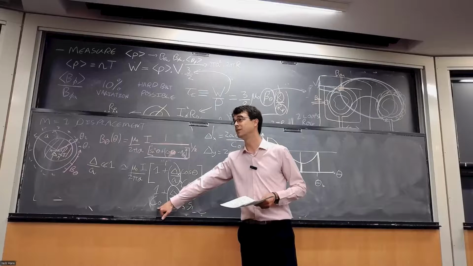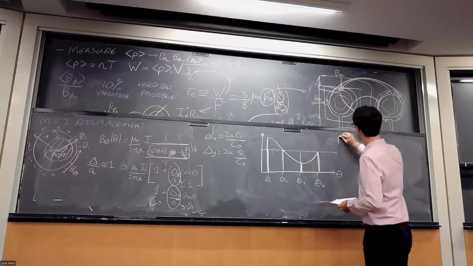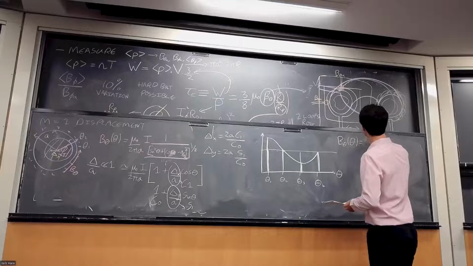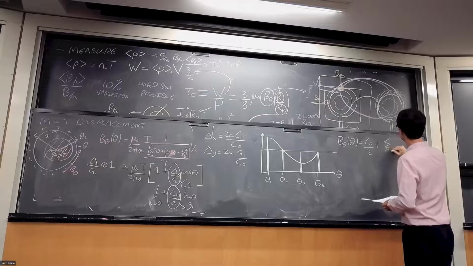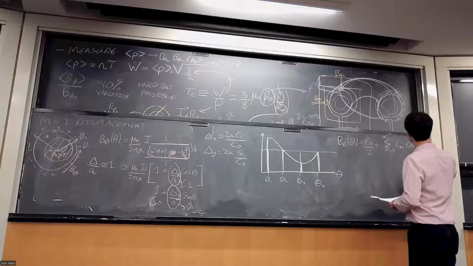You see the C0 term when you do your Fourier decomposition. So no matter how many probes you have, you can always Fourier decompose it to C0 upon 2, and then the sum to infinity of Cm cos m theta plus Sm sine m theta.